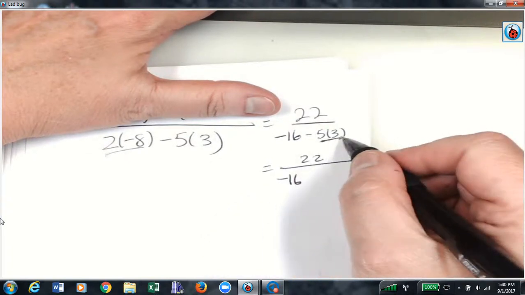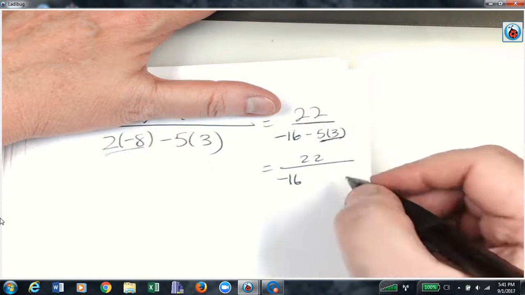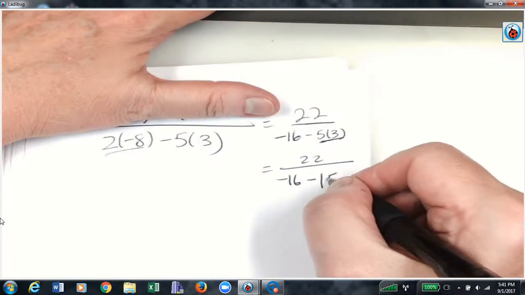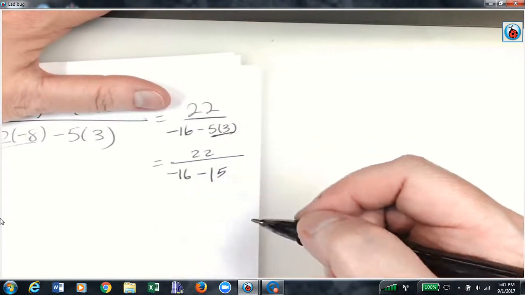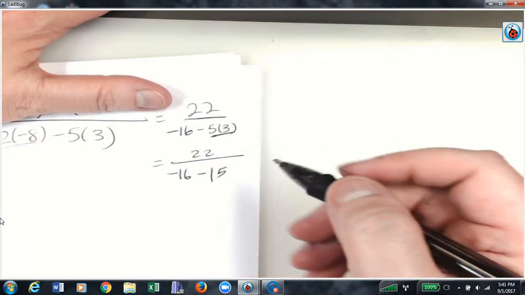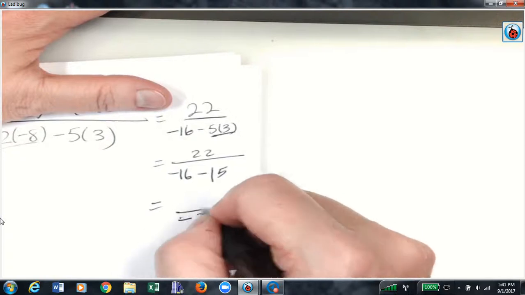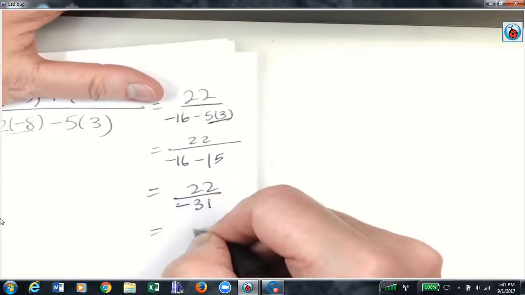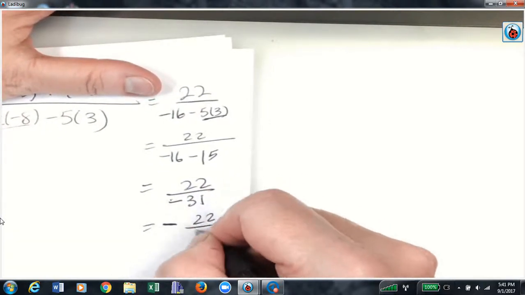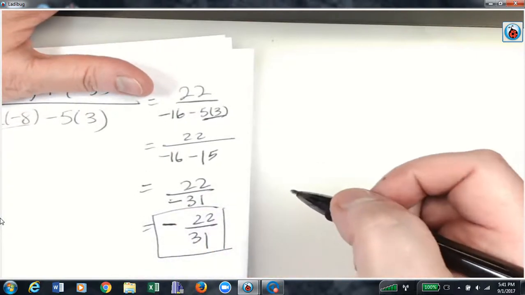And then I do that multiplication. So it'll be negative 16 minus 15. Negative 16 minus 15 is going to be negative 31. And so my answer for that is going to be negative 22/31.